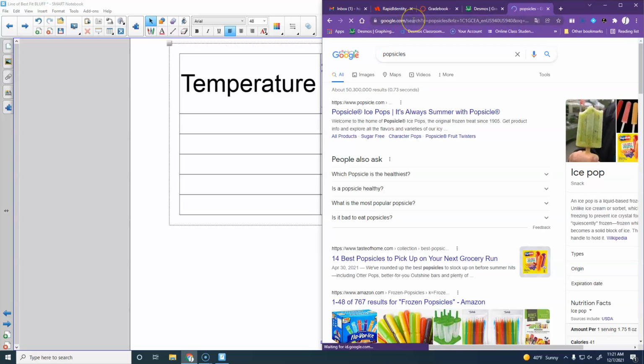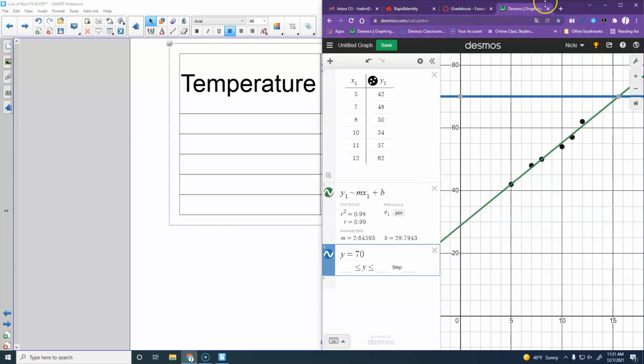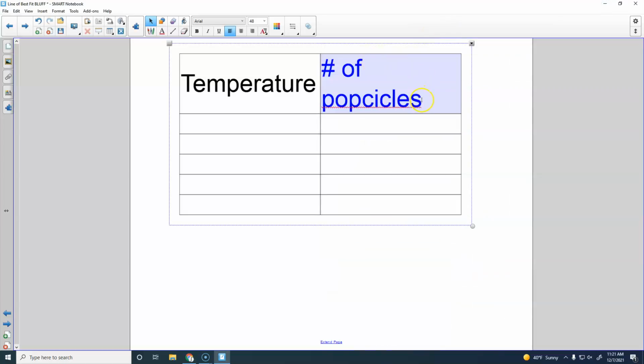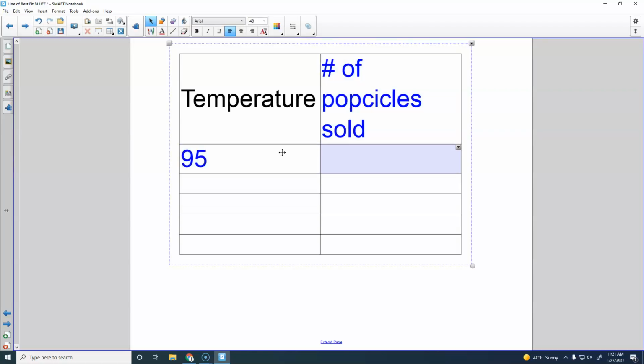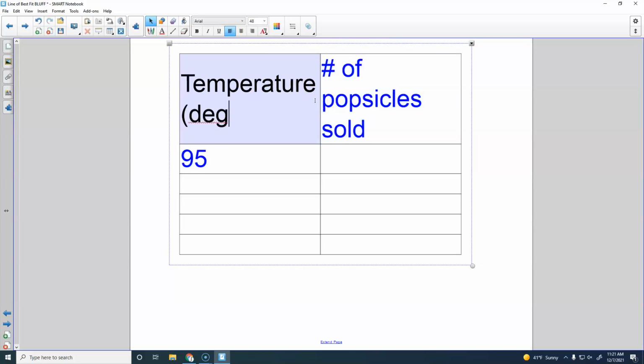I think this spell check just doesn't have popsicle in it. Alright, so temperature. I changed it and I didn't change it back, did I? Okay. That's right. Alright, degrees Fahrenheit.